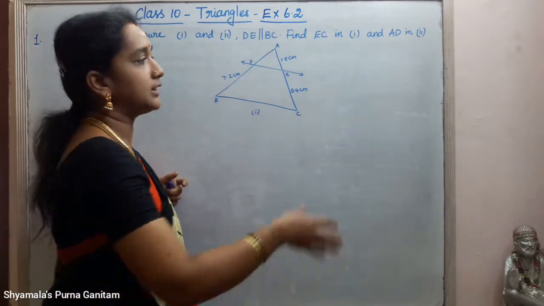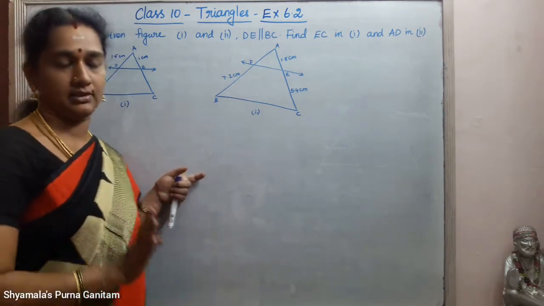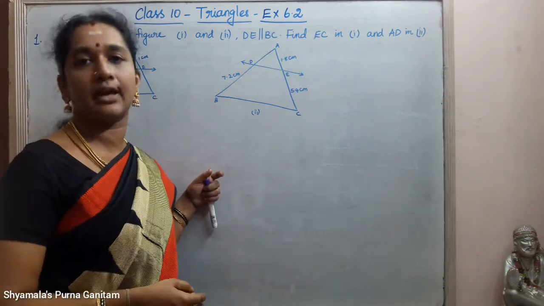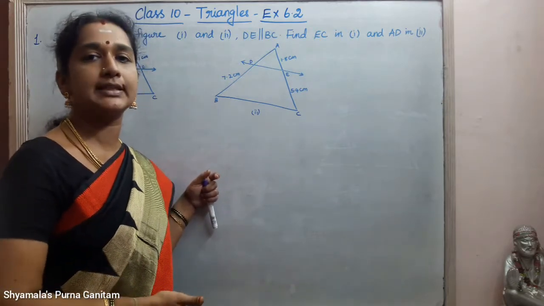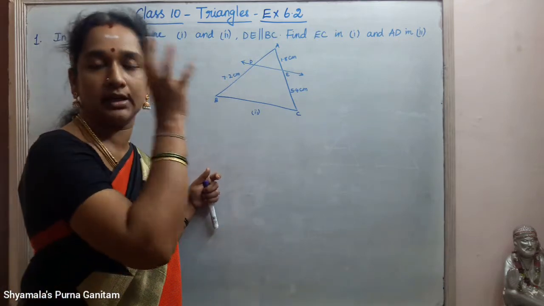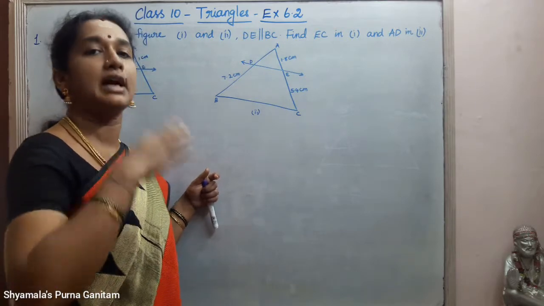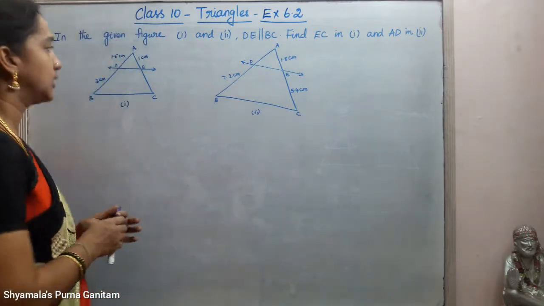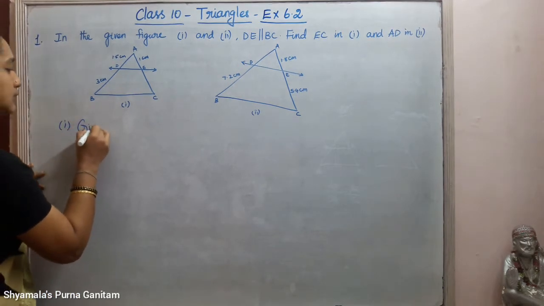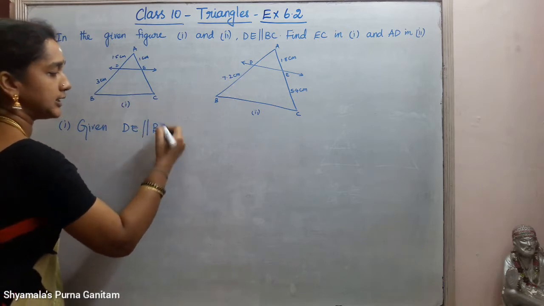For finding that, we are going to use the basic proportionality theorem. In the question itself it is given that they are parallel, so obviously the sides are proportional. We will substitute the given values in the proportional sides and find the unknown value. First one: DE is parallel to BC.